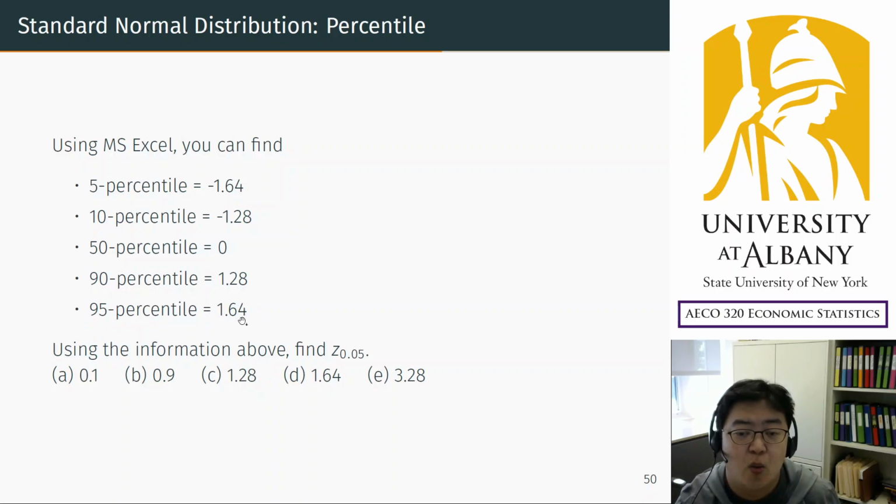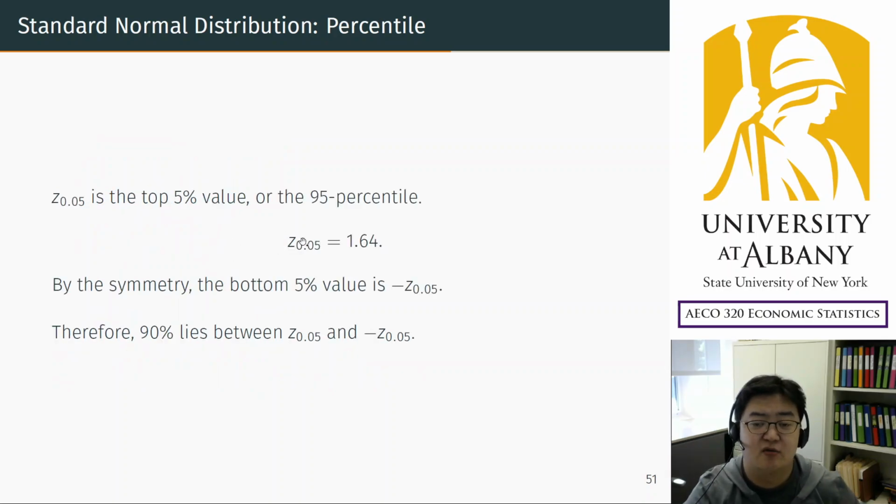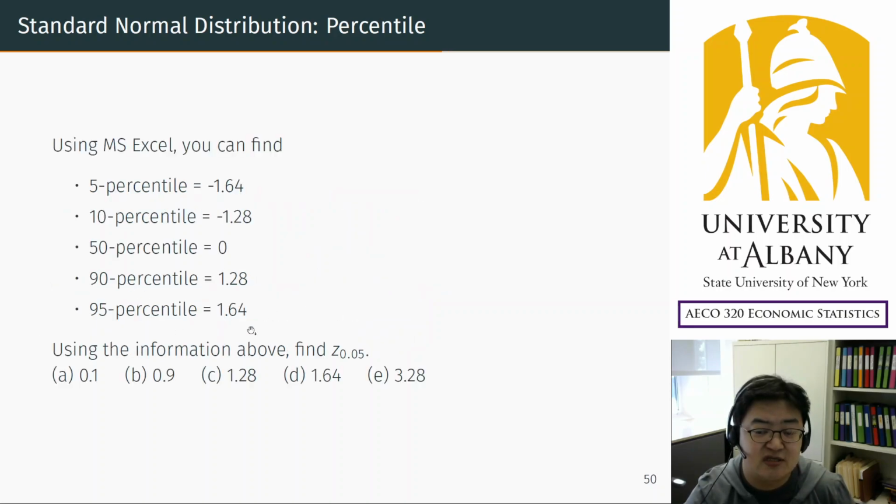That is 1.64. So the answer is 1.64, right? So it's top 5%, 1.64. And also by the symmetry, the bottom 5% is the negative of it, minus 1.64. So you may use this result instead of looking at 95%.